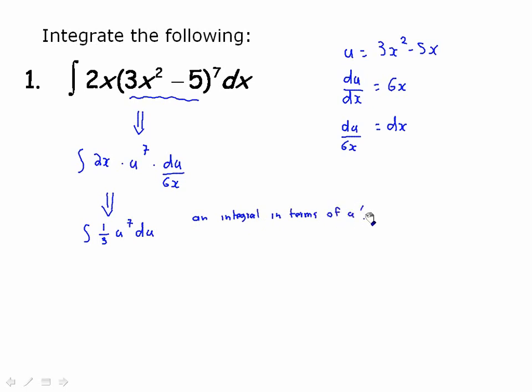That's what we want. Because now you don't have to take the 1/3 out, but I will just for the fun of it. So 1/3 times u to the 7 du. When we anti-differentiate, we'll get u to the 8, and a factor of 1 over 8. This is multiplied by 1/3, and then plus c.